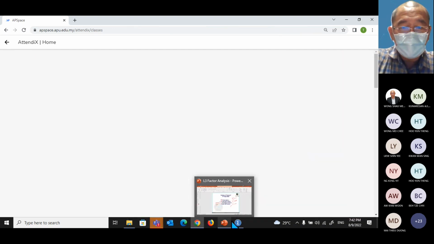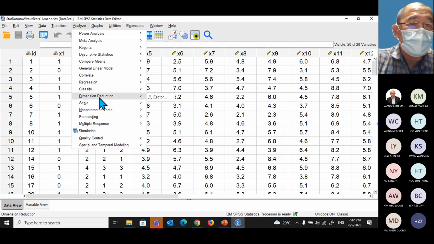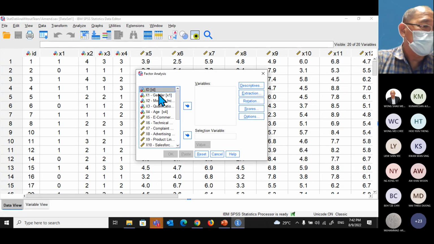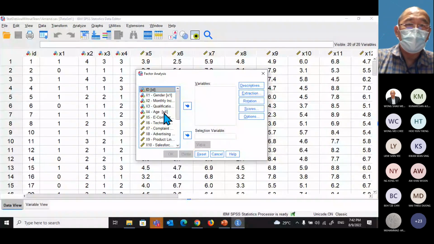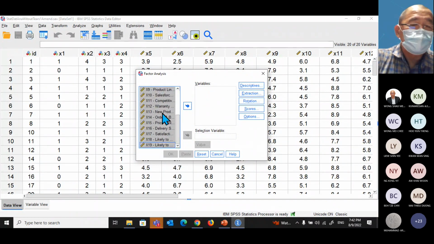Now we see the factor analysis using the same data set like what we used in yesterday's class. So we go to Analyze, Dimension Reduction, and then Factor. After that, we run all the metric variables except 3 variables.